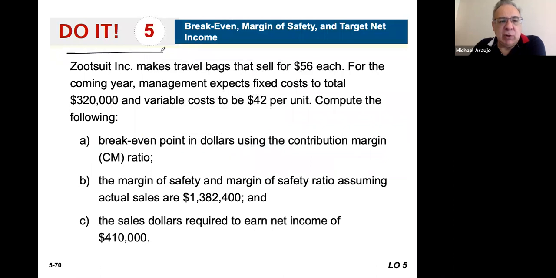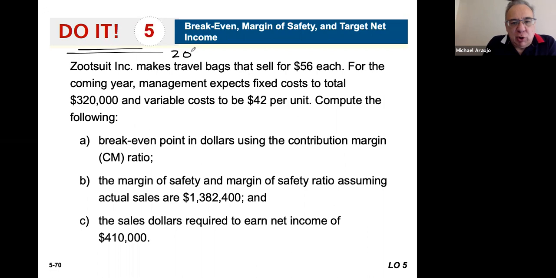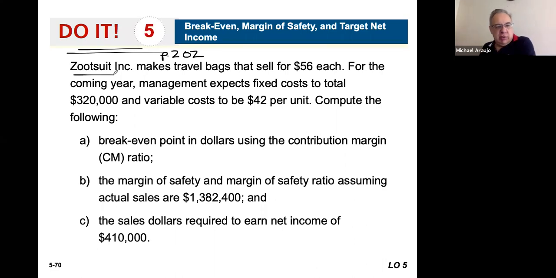All right, so let's finish it up with a Do It exercise review. If you have your book handy, which I really hope that you do, this is on page 202. Zoot Suit makes travel bags that sell for $56 each.